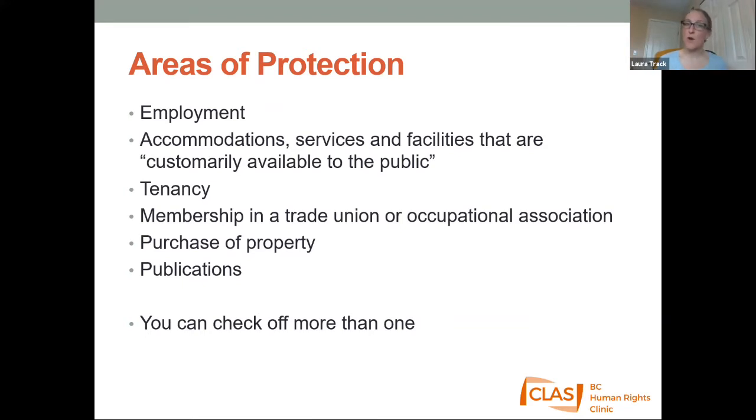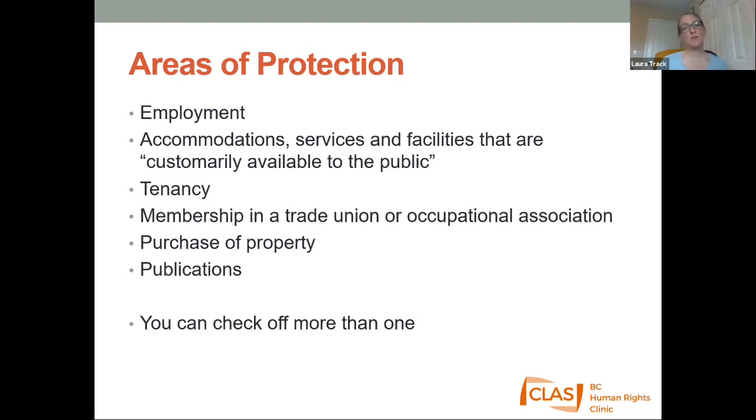So anything that's offered out to the public needs to be offered in a non-discriminatory way. We're protected from discrimination in our tenancies, in our membership in a trade union or an occupational association, our purchase of property, and we're also protected from discriminatory and hateful publications.